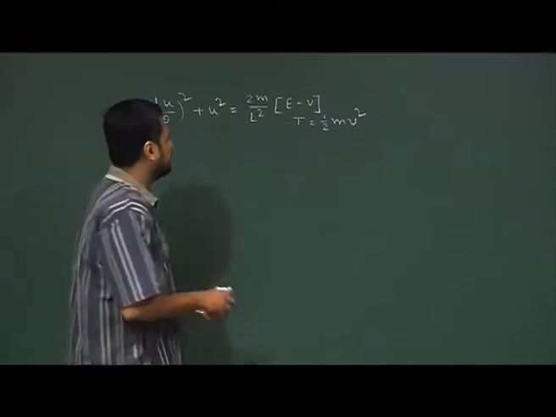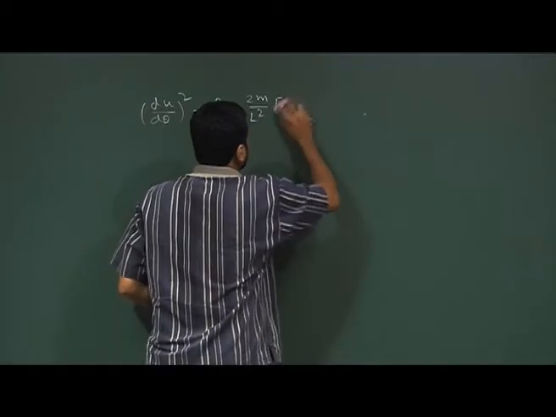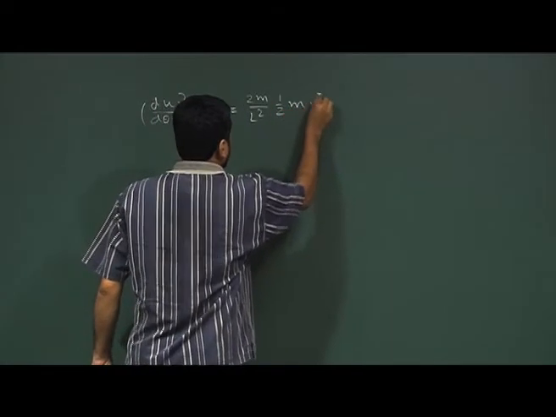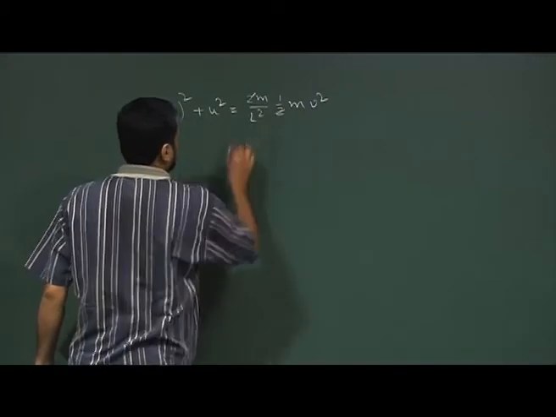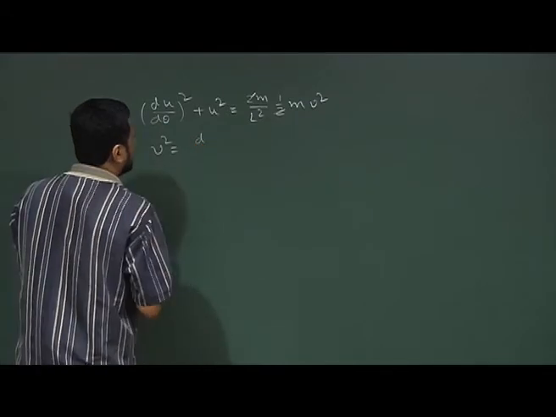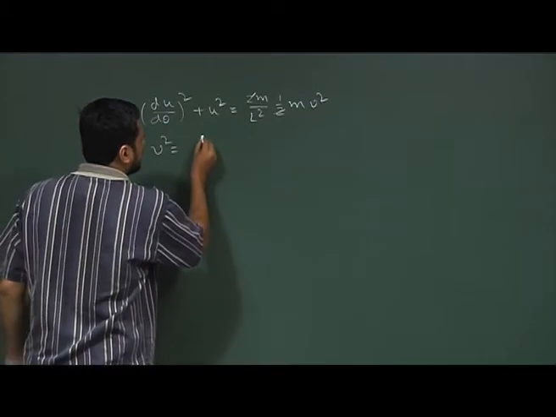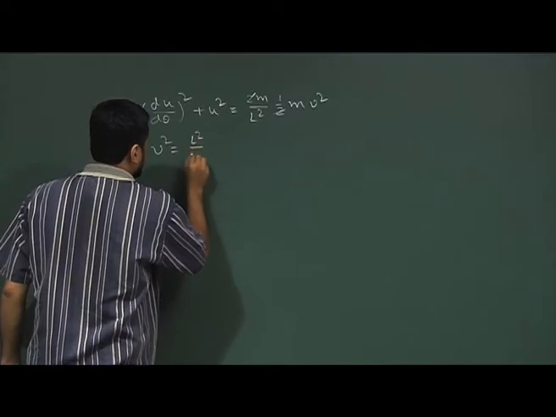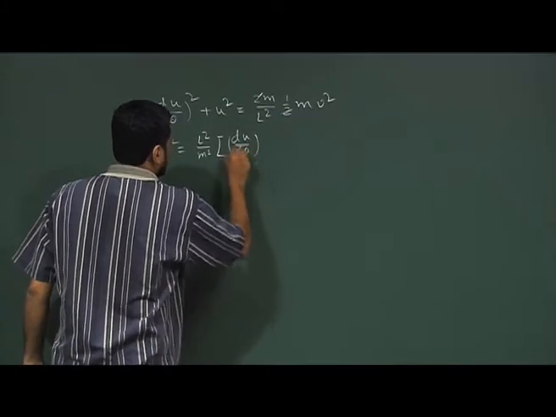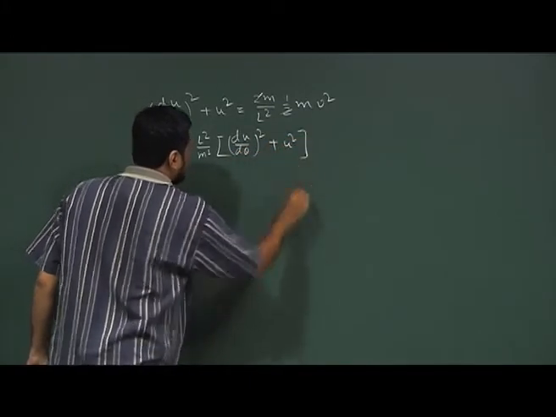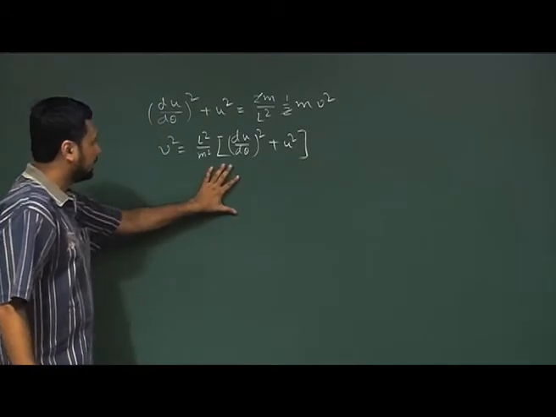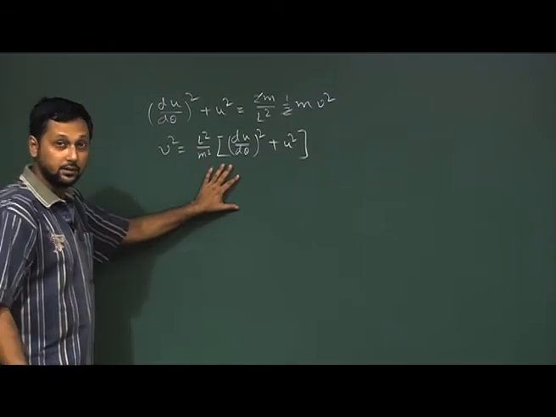Once we do this substitution, the 2 cancels out, and we get a relation that v² = L²/m² [(du/dθ)² + u²]. So this is a general expression for the velocity for any central orbit.